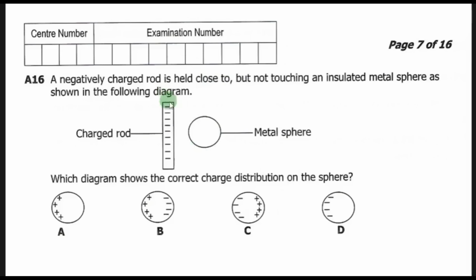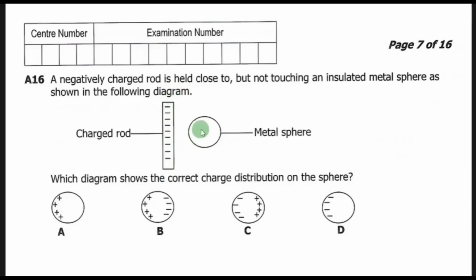Now whenever you bring a charged object close to something neutral, there is induction of charges in that neutral object, following the law of static electricity. The law states that like charges repel while unlike charges attract. So the negative charges in the sphere will be repelled because they are like the charges on the rod.